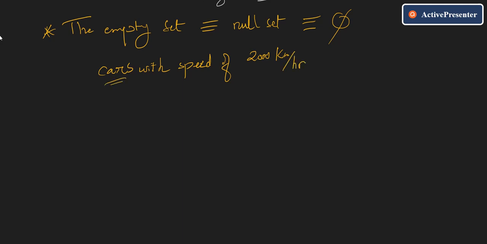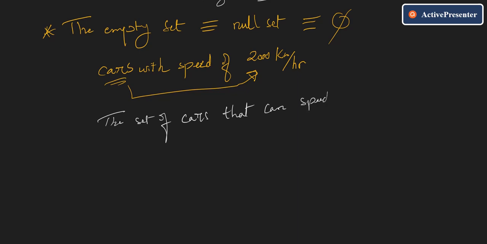Do we have a car that can go with this speed? In fact, we don't. So the set of cars that can speed up to 2000 kilometers per hour is empty. We don't have a car that drives with a speed of 2000 kilometers.